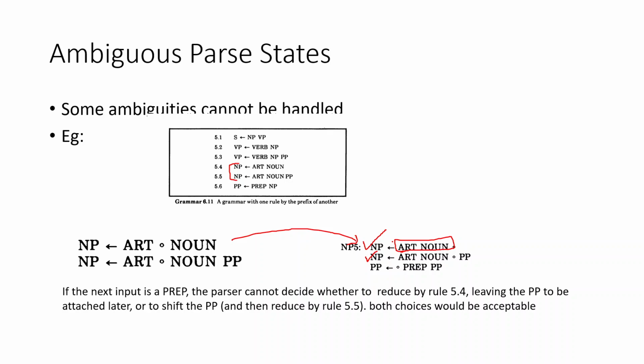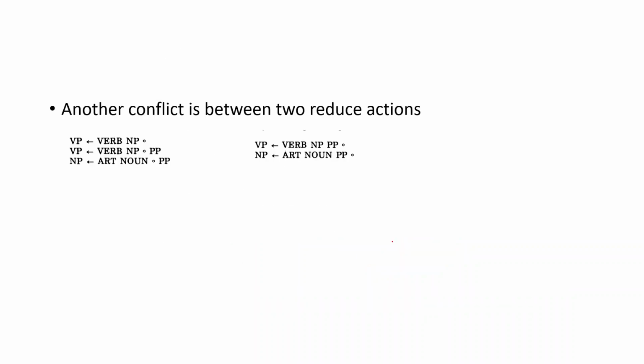Similarly, another problem is the reduce-reduce conflict. Let us say our parser, after moving through various states, reaches this particular state.